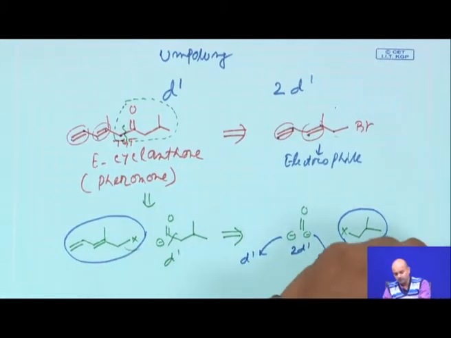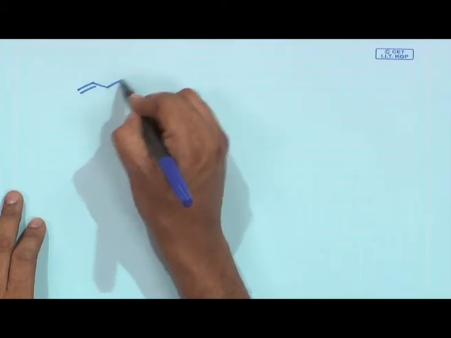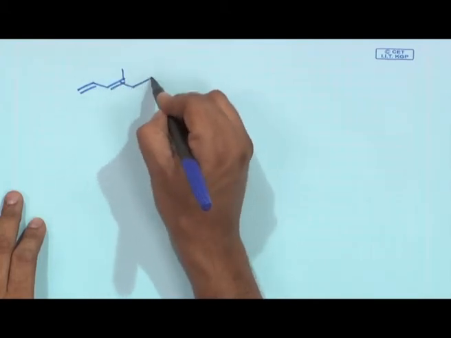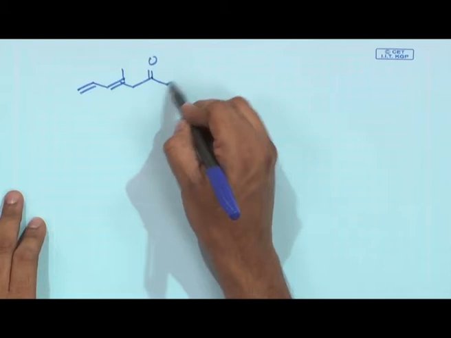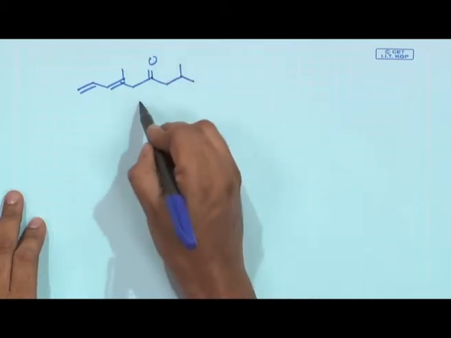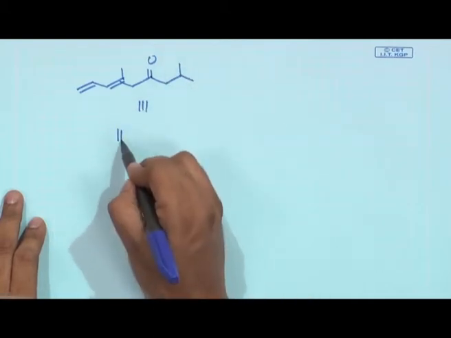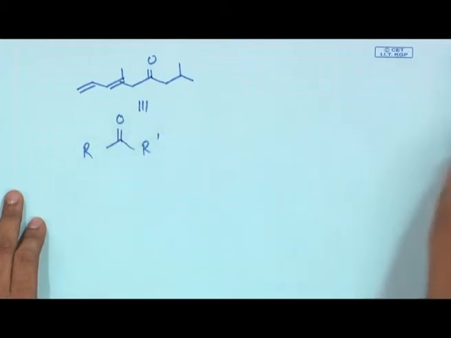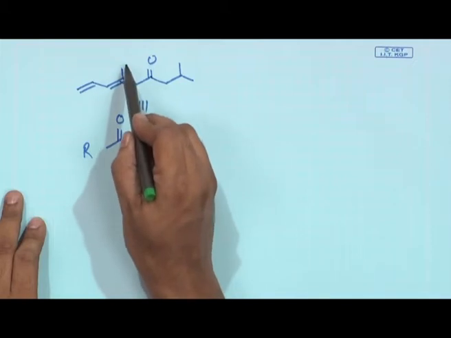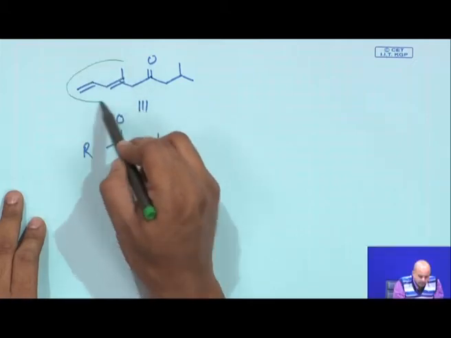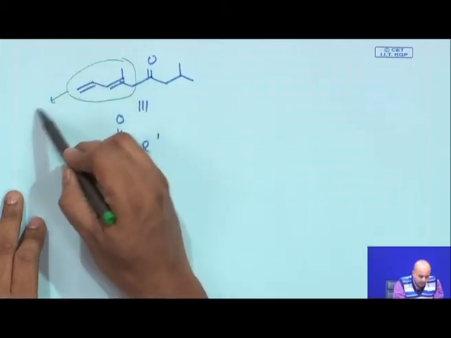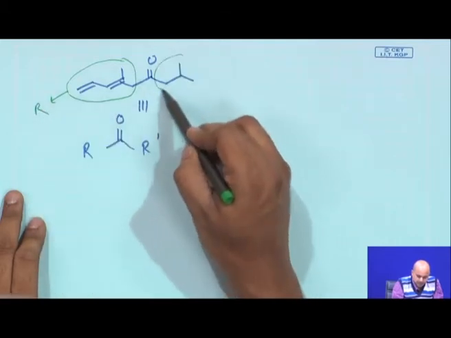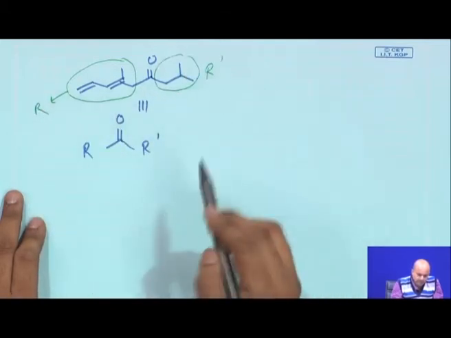So, in principle this molecule which was given to you, we will now write the molecule in a different way. We say this molecule can be simplified as R prime. Now, this part is the R, I say, and this part is the R prime.